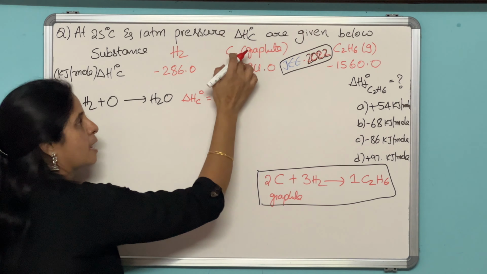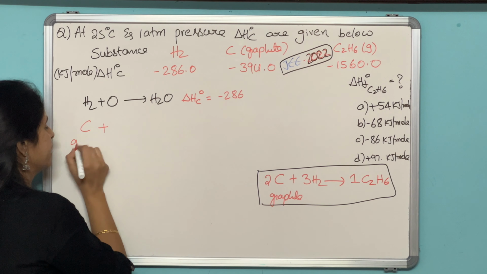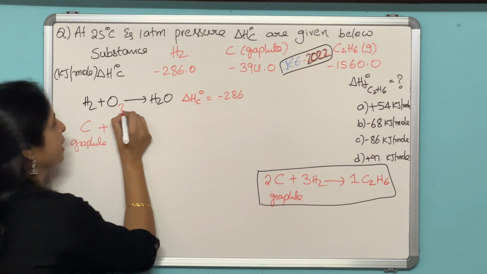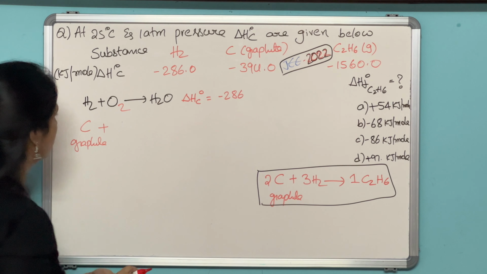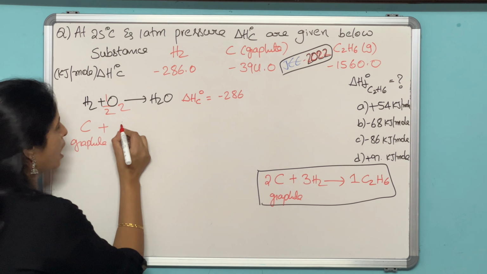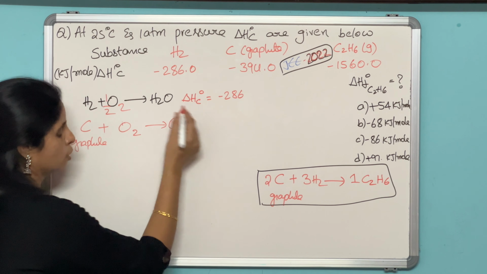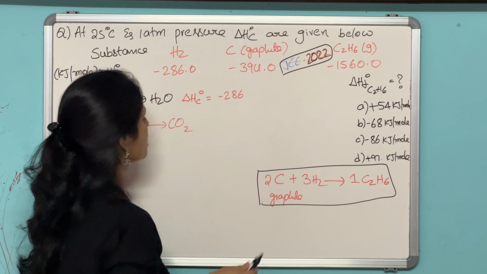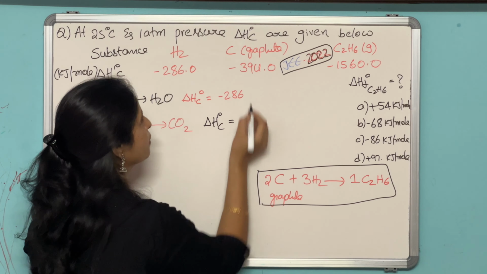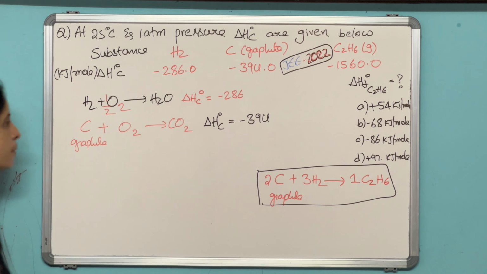Next, combustion value of carbon. Carbon graphite burning in presence of oxygen gives CO2. Delta HC naught is equal to minus 394 kilojoules per mole.